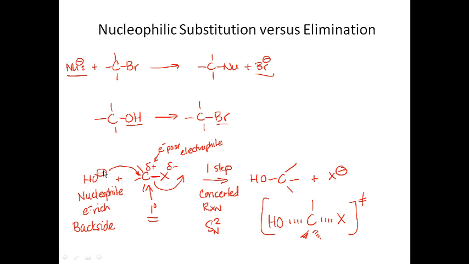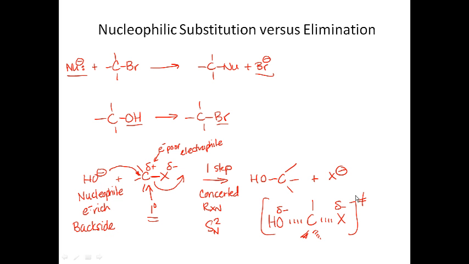Now, in this process, the oxygen is going from being -1 formal charge to being 0 formal charge. So in this process, the oxygen is slightly negative. The halogen is on its way from having a 0 formal charge to -1, and so it's delta minus.